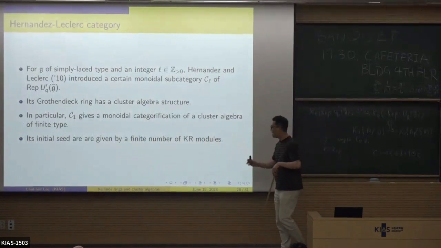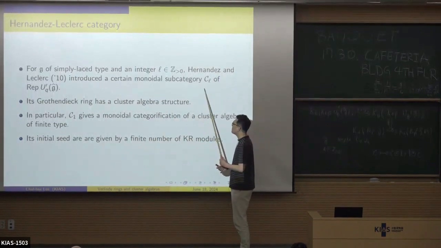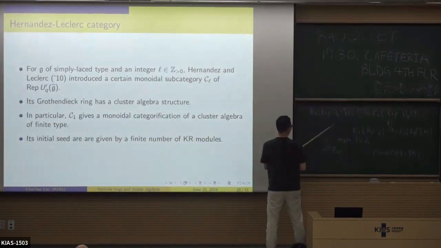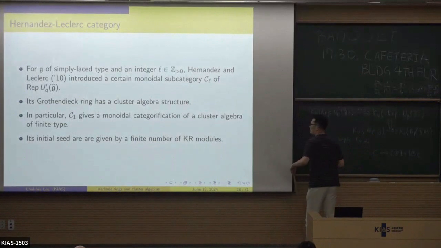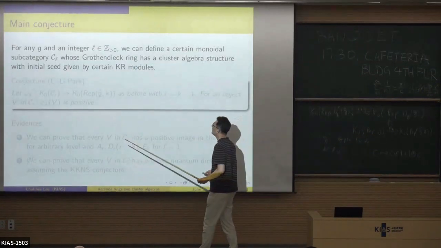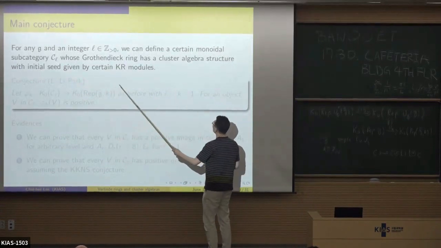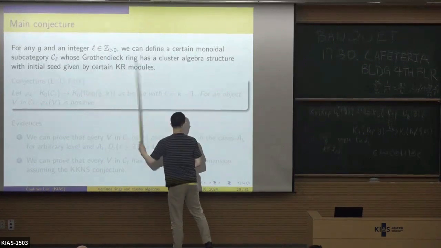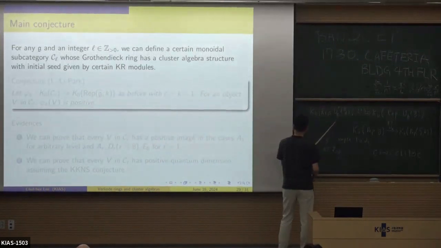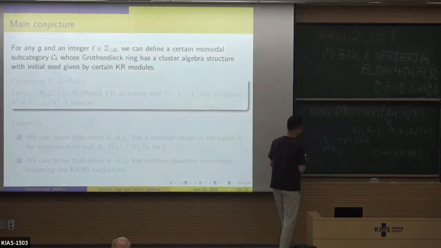And at that time, I just thought probably C_l might be the right category for the domain of this positivity problem. That's how we started this project. So for any g and an integer l, we can define a subcategory closed under the tensor product, and its Grothendieck ring has cluster algebra structure.